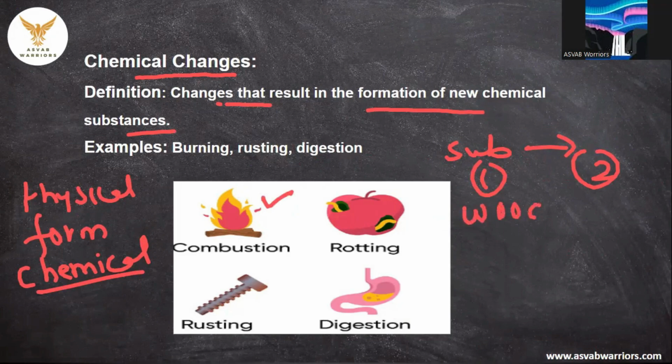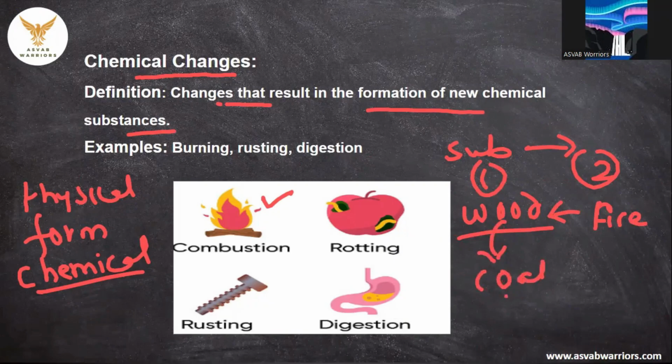If you have logs of wood and you convert them into a fire, what happens is the wood, after burning and giving off energy, gets converted into coal, and later on into ash.